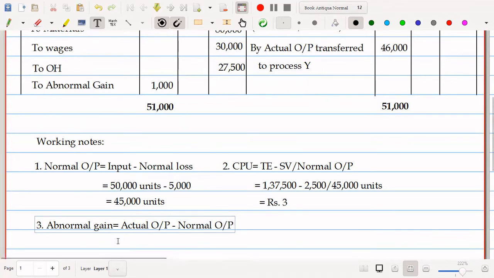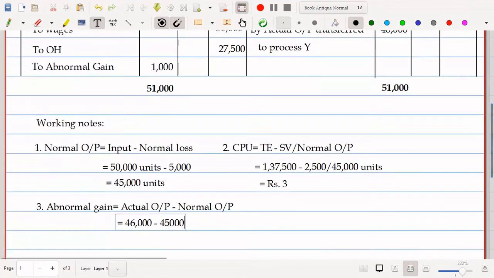So that is equal to 46,000, which was the actual output. See here, actual output transferred to process Y is 46,000. And what was the normal output? It was 45,000. There is a gain of 1,000 units. So 1,000 units are the abnormal gain.